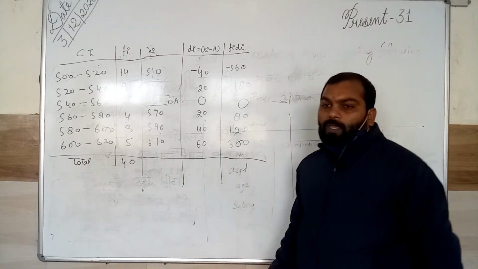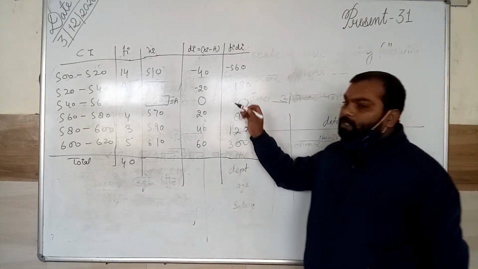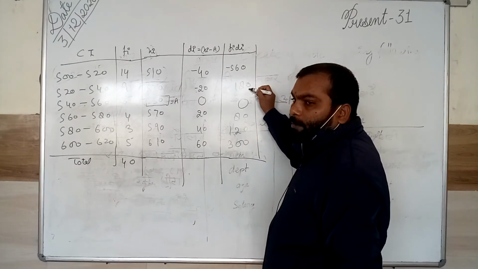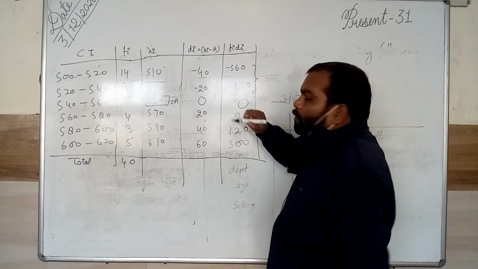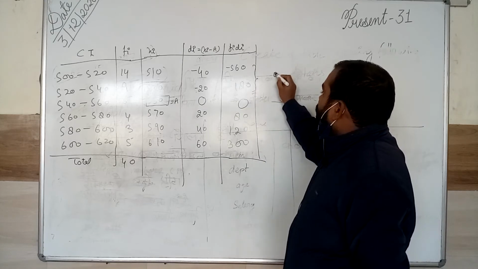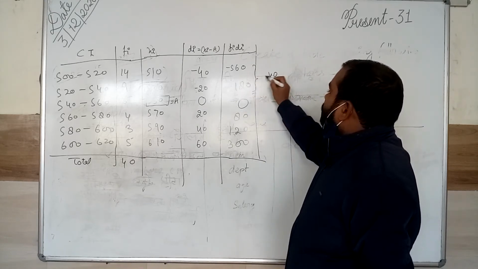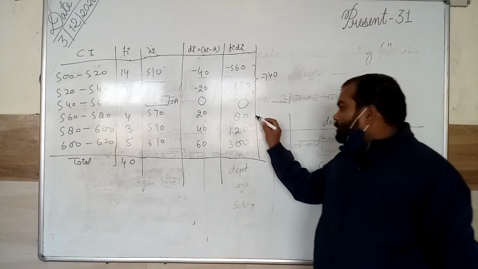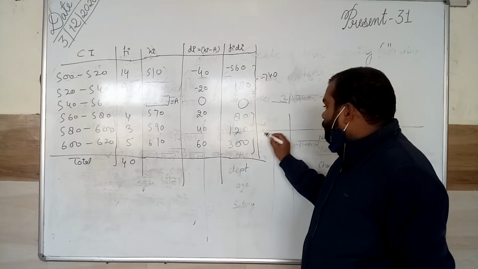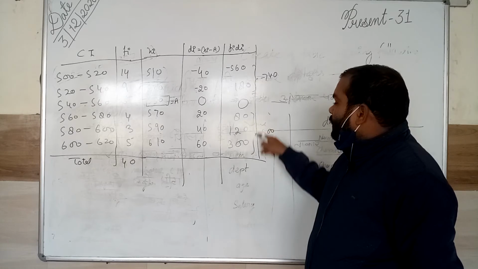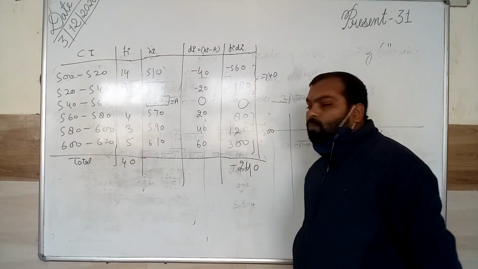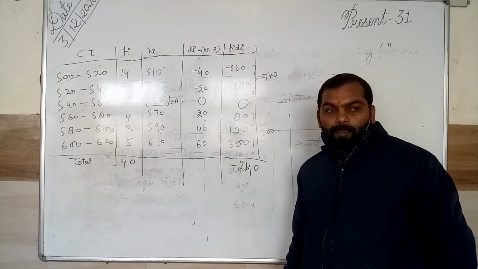Then we have to make a sum of these. If you see, these two are negative, so they will be added, that is minus 740, and these two are positive, 500. So if you add these two, we will get minus 240.